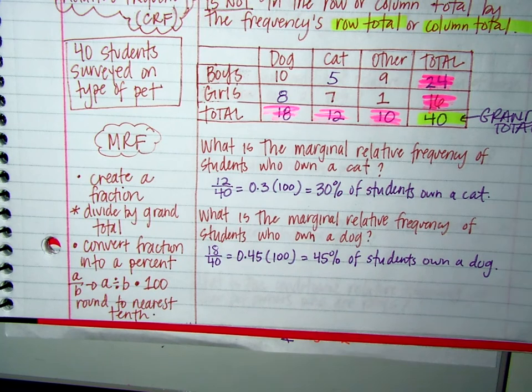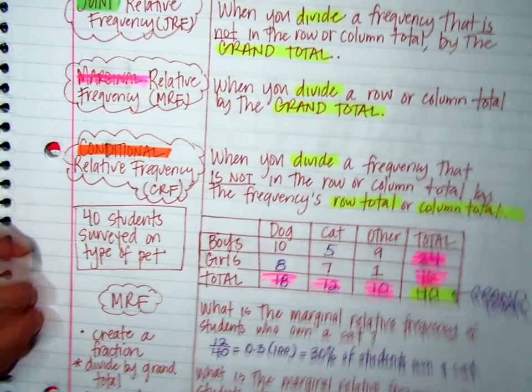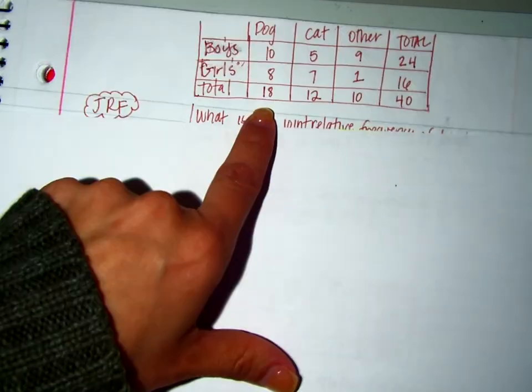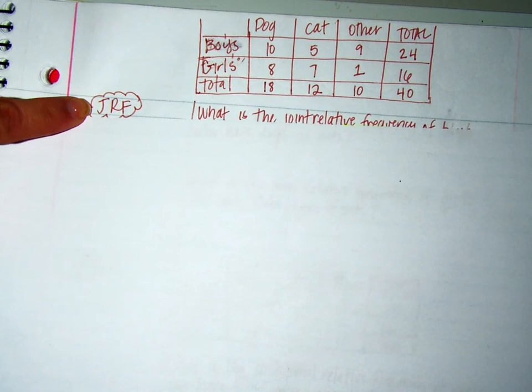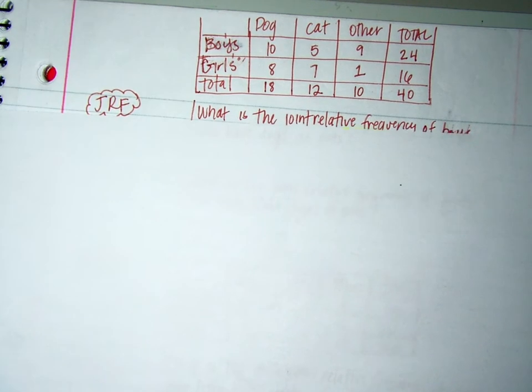Okay, all right. So now I'm going to go to my next page, and I'm going to bring my table back. Okay, so my table is still the same. This time, though, we're going to talk about the joint relative frequency. Okay, and what joint relative frequency means is we're looking at the two categories joining together.